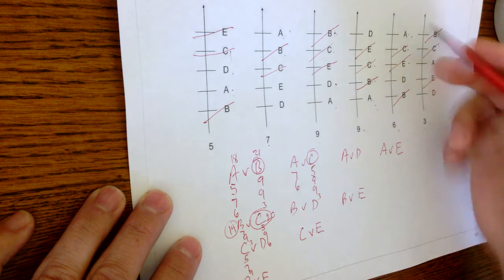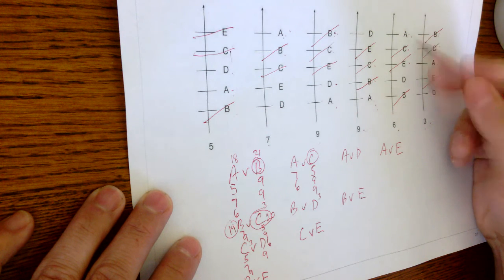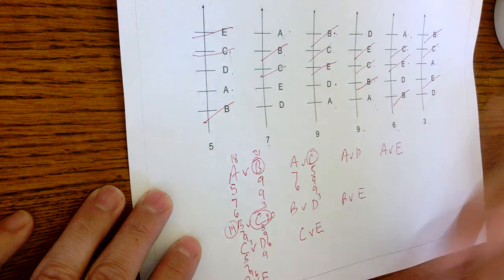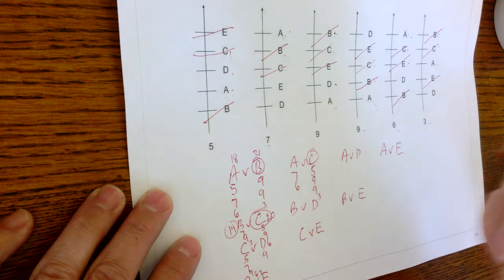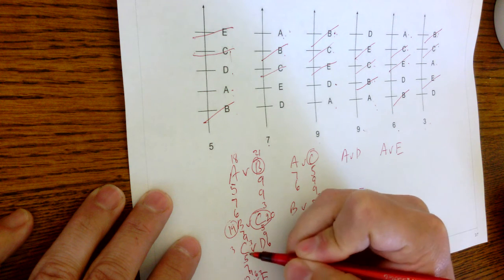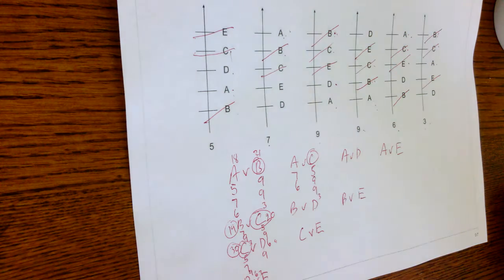These 9 prefer D. These 6 prefer C. And these 3 also prefer C, for a total of 30 to 9. So C can still win, D cannot. So C and E are the only 2 left.